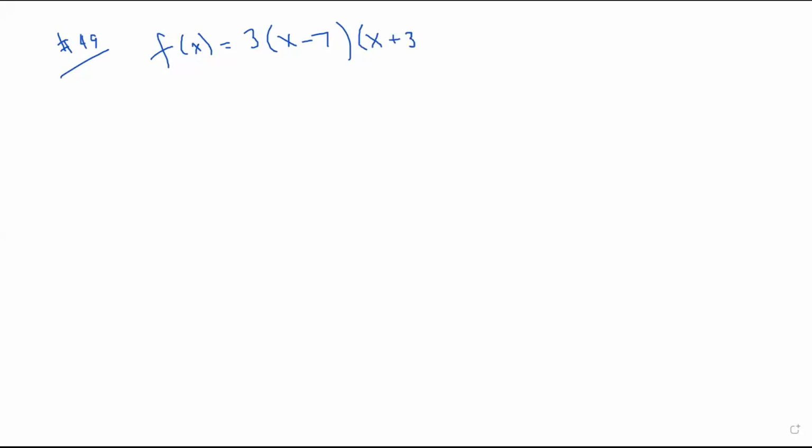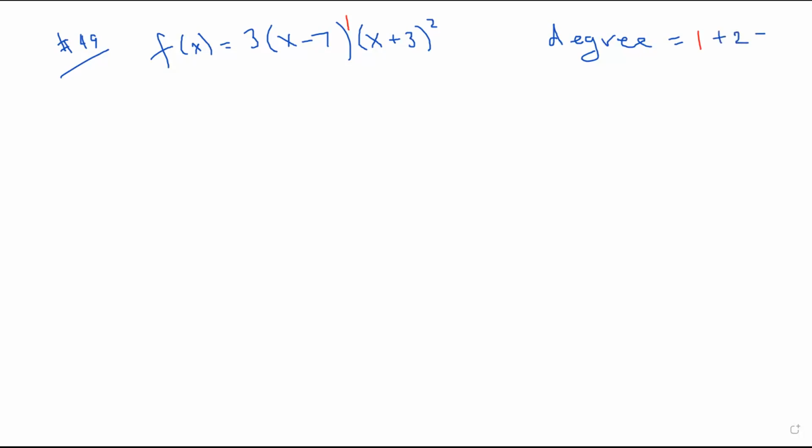So I want to decide what the so-called degree of this polynomial function will be. And it turns out that the degree should be 3, because the power of the first parentheses is not shown, so it should be 1, and the power of the second parentheses is 2.